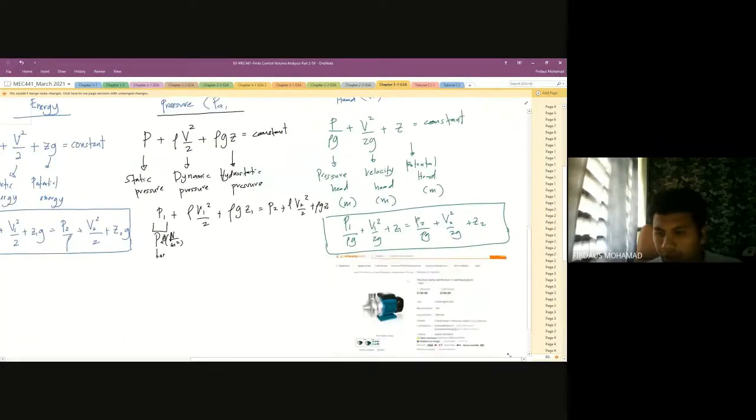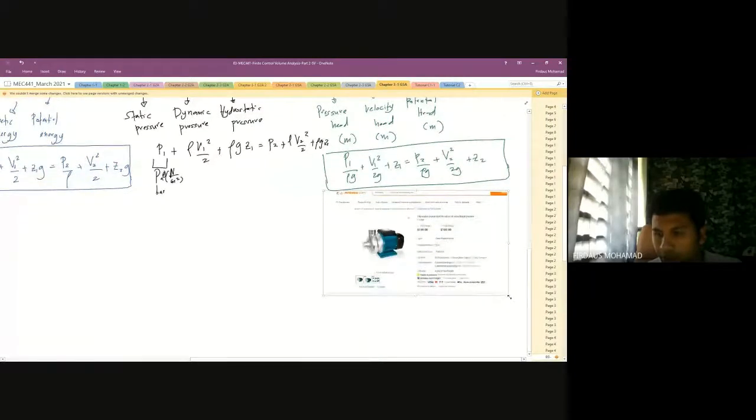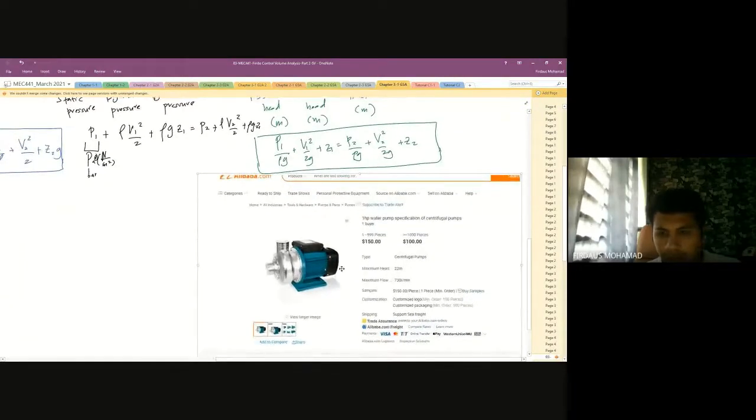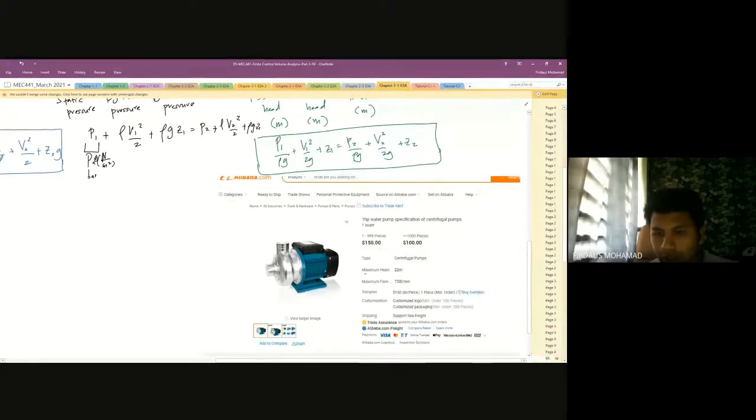Okay, so ni contoh ni je saya jumpa dekat Google. Kalau untuk mechanical device such as pump, compressor, there will be maximum head. Okay, so nampak tak ni maximum head untuk pump ni adalah 22 meter. Ni maximum head.